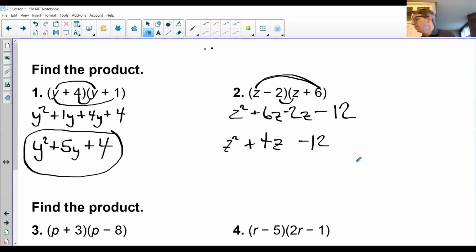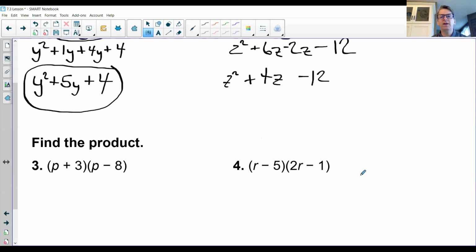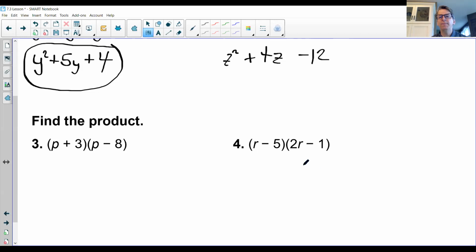Okay, let's move on to number 3 now. P plus 3 times P minus 8. We're using FOIL, all right? So first times first, P squared. Outer, negative 8 times P, or negative 8P.